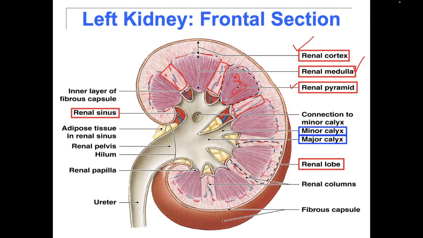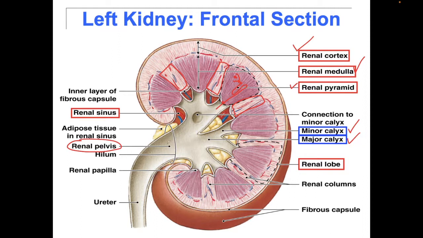It's going to come down, and that filtrate is now going to lead into a minor calyx. Okay, so this part here in the blue box to the right, the first one is the minor calyx, the larger one is the major calyx. Then it leads into a renal pelvis right here.